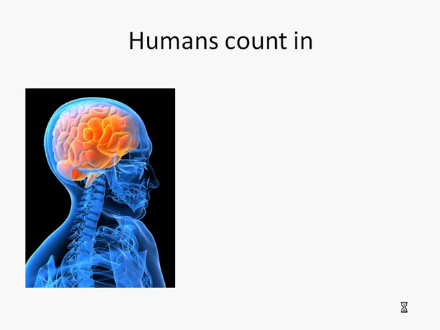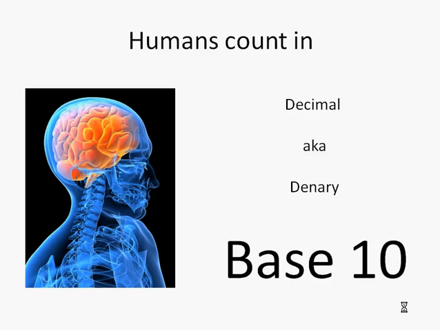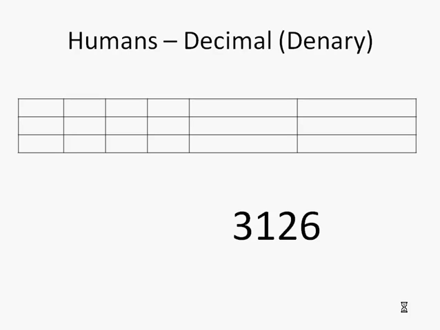Now, as humans, we count in something called decimal, or we might also know it as denary. And this is a base 10 number system, and you'll see why in a moment. If we take the denary number 3126, we know that the 6 part means 6 ones.